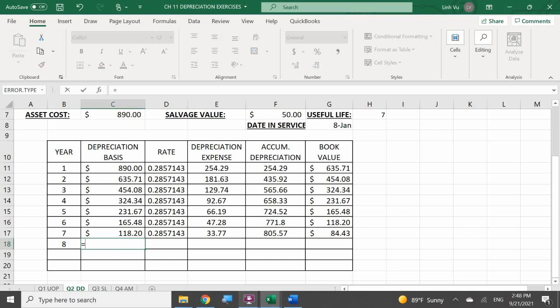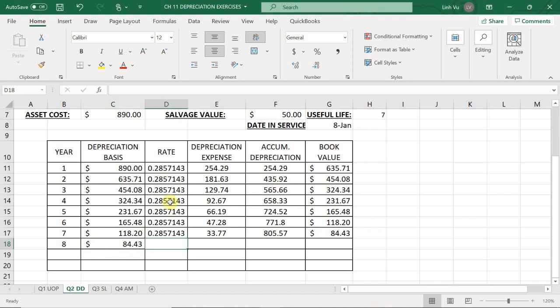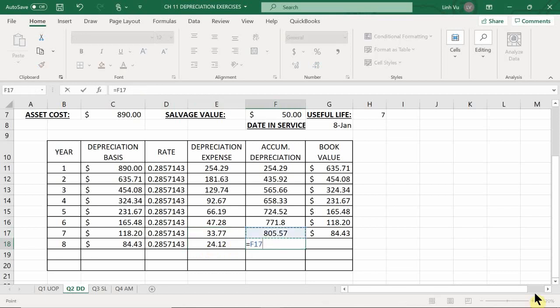So if I were to run it down 1 more year, okay, starting with $84.43, at a rate of 0.2857, then I'm going to depreciate it for an additional $24.12, which then gives me a total accumulated of $829.69, which leaves me with $60.31.